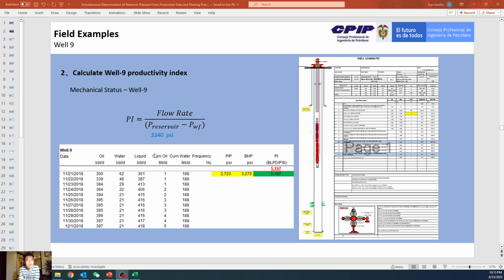PI, productivity index, equals flowing rate divided by delta P between reservoir pressure and flowing pressure. In step 1, we calculated the initial average reservoir pressure around the well number 9 wellbore as 3,340 psi.